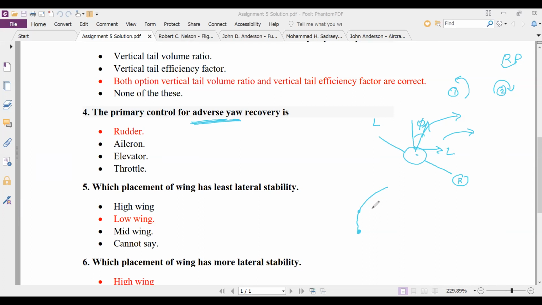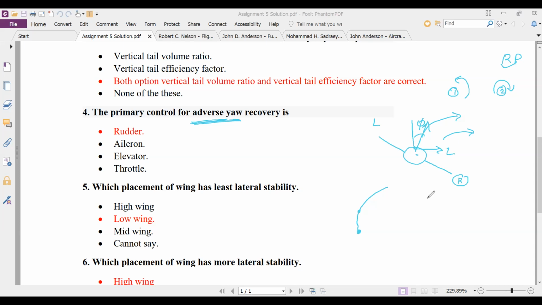So the question is, during adverse yaw will the aircraft try to turn anti-clockwise or clockwise? We are turning the trajectory in the clockwise direction. So what happens in adverse yaw? Sir, clockwise direction, sir. The trajectory is in the clockwise direction already.